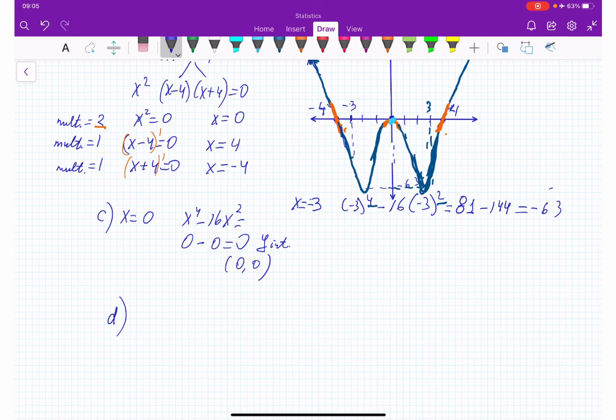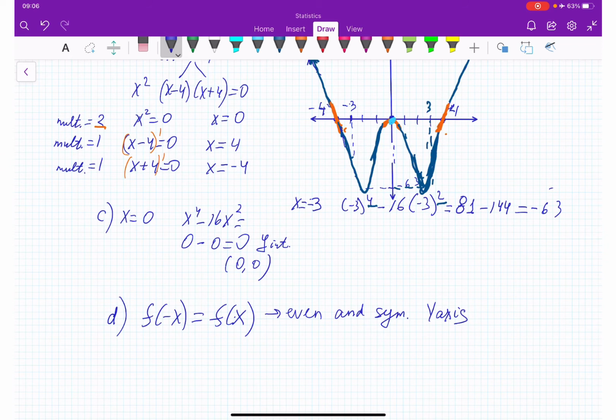So for a graph that is symmetric to the y-axis, we say that f of negative x, if I plug in negative x, is going to be the same as plugging in positive x, like we did. Negative 3, positive 3. Which means it's even. If they are equal, it's even, and symmetric to the y-axis. That's all.